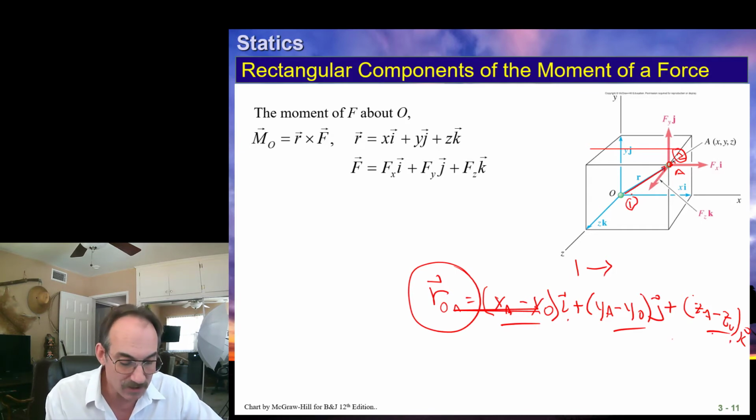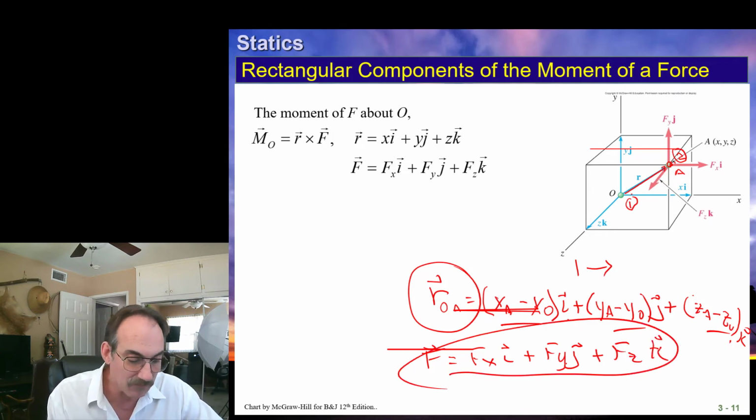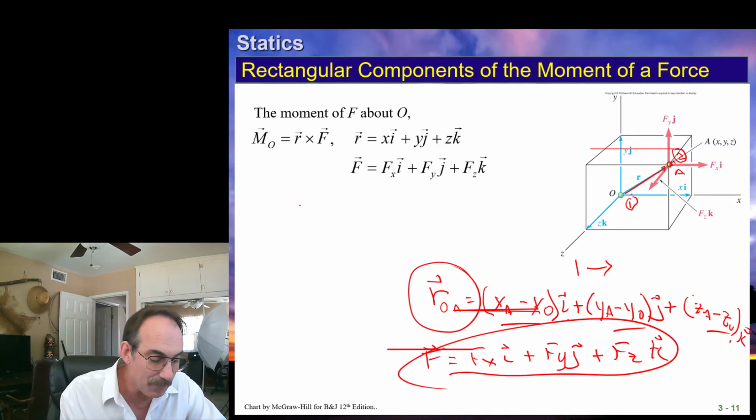Our force vector is some component in the X times I, plus some component in the Y in the J direction, plus some component in the Z, K direction. This is our vector force. To get the moment, we take R cross F. So you can set up your little determinant.